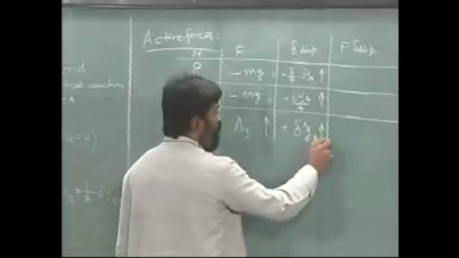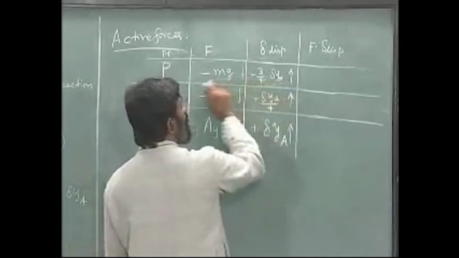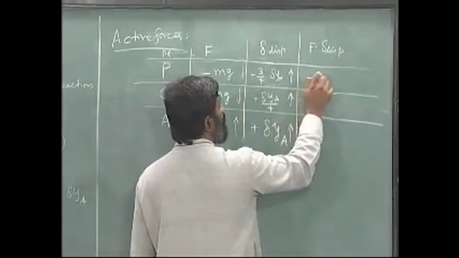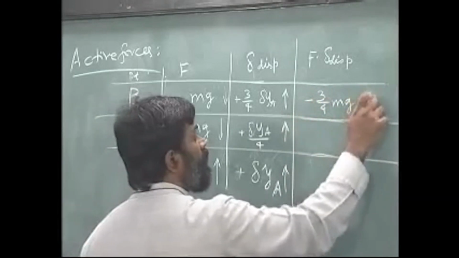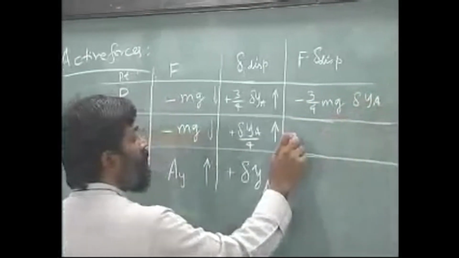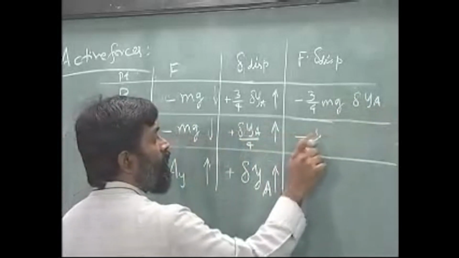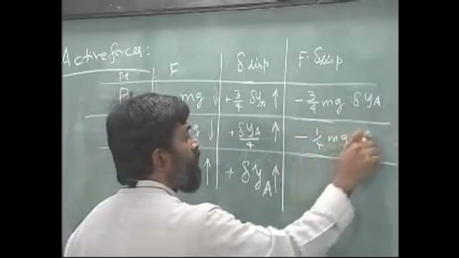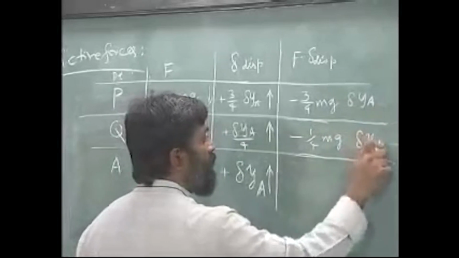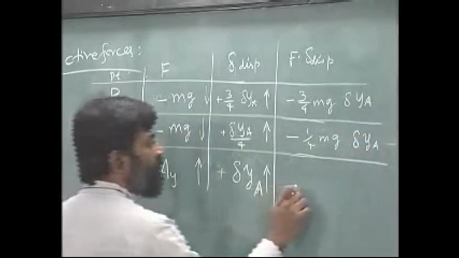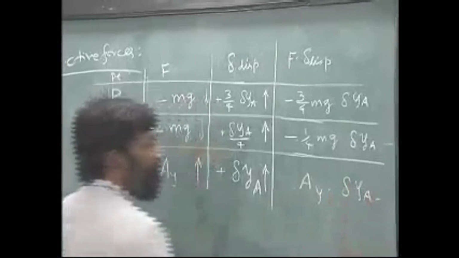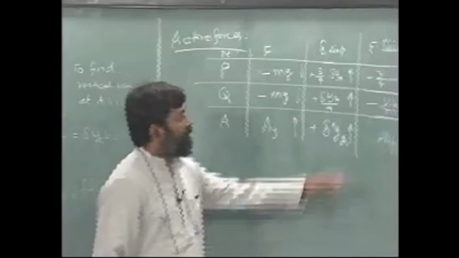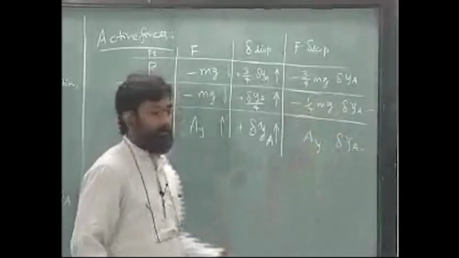Okay. So, what do we finally get? If we multiply these two, we get minus 3 by 4 mg delta Ya minus 1 by 4 mg delta Ya. This one is Ay times delta Ya. Delta Ya is common in all of them.